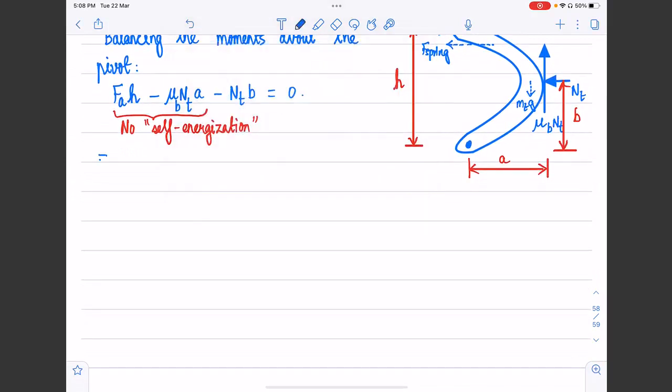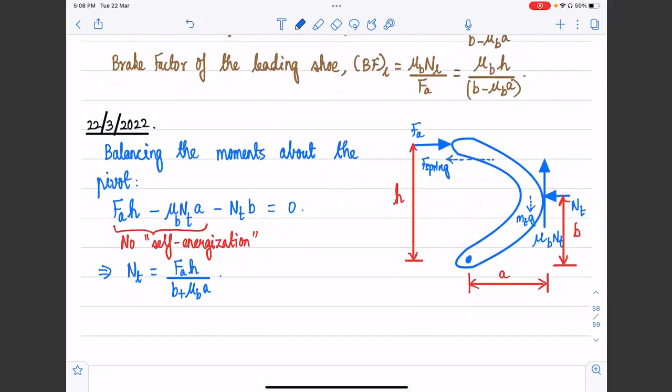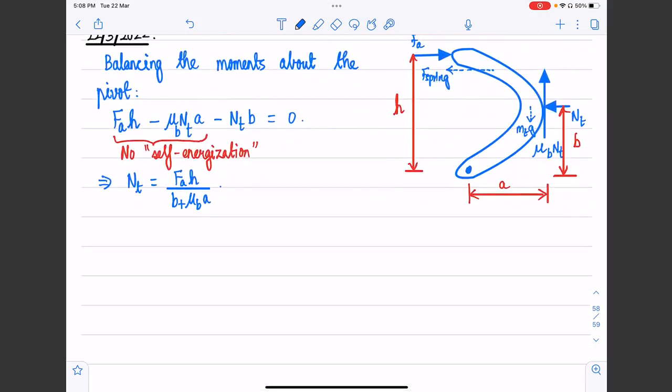So now, if we were to get the expression for the normal load, NT will now be FAH divided by B plus mu BA. We previously observed that the normal load was FAH divided by B minus mu BA for the leading shoe, right? Now the denominator has become B plus mu BA.